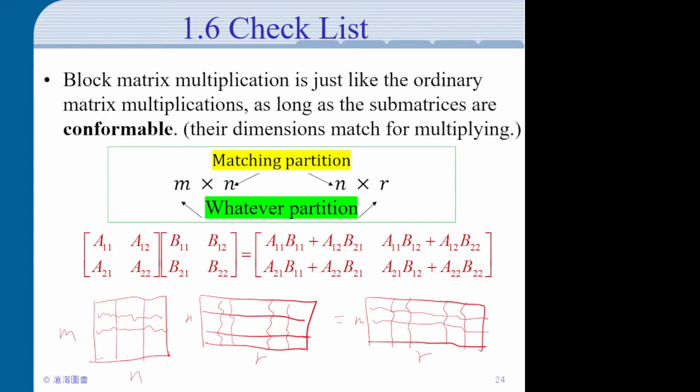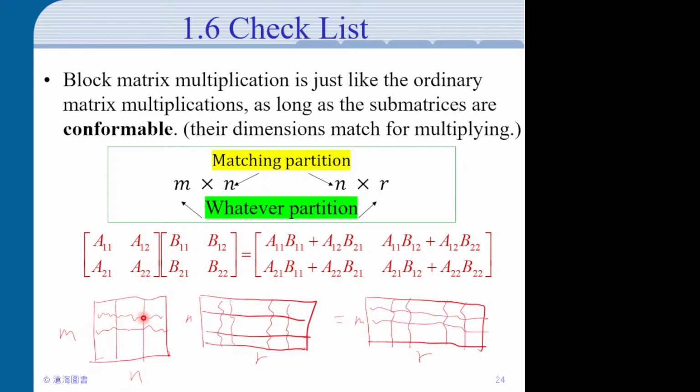Okay. And then 1.6 says that sometimes we can view a matrix as blocks. Remember matrix multiplication looks like this: you have an m by n matrix and an n by r matrix that can multiply each other. If you partition the n part by the same partition, and you can also partition the r part, you can do the matrix multiplication block by block, like this.